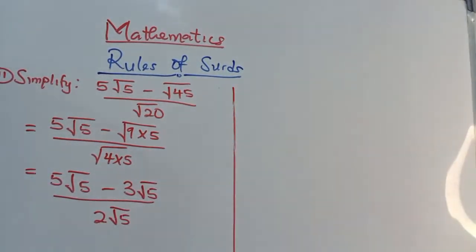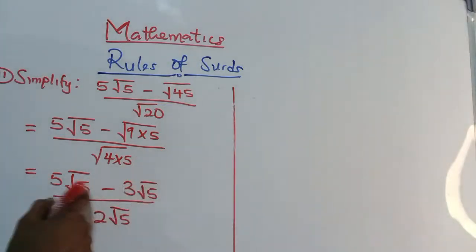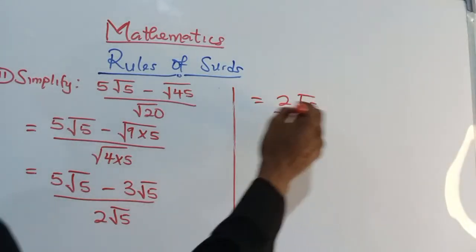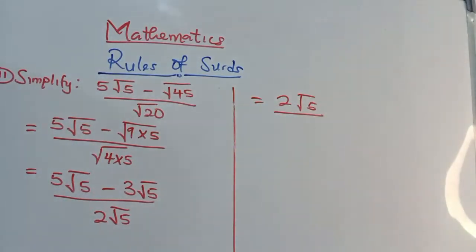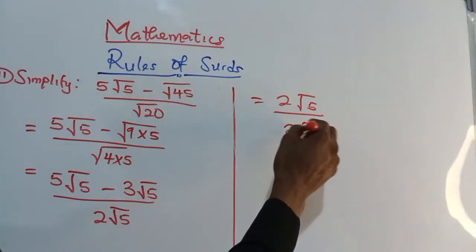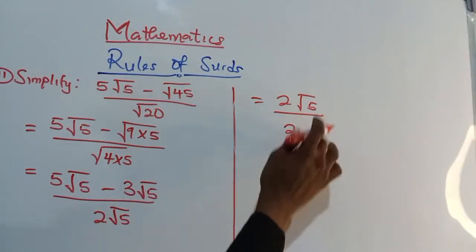Now, 5 root 5 minus 3 root 5 will give us 2 root 5. We can as well factor out root 5. And then over, this is another 2 root 5.